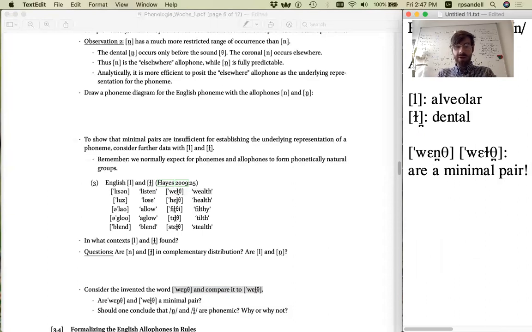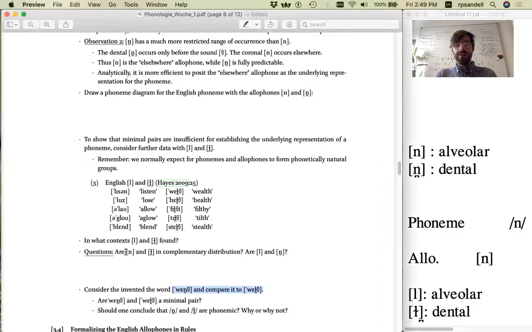So that indicates to us that the dental nasal and the velarized dental lateral have to belong to different phonemes. You can see the symbols are getting moved around a little bit here in an unhappy way. When we have a minimal pair based on two sounds, those belong to different phonemes.